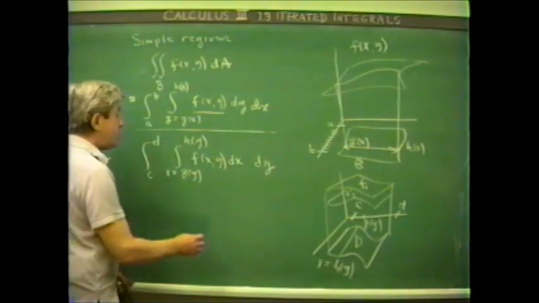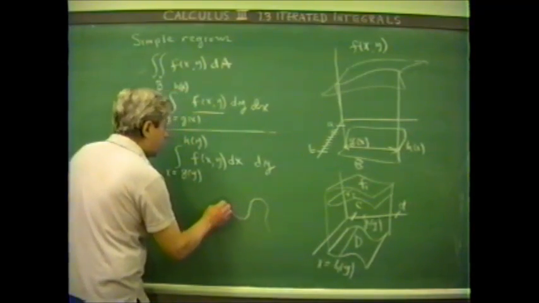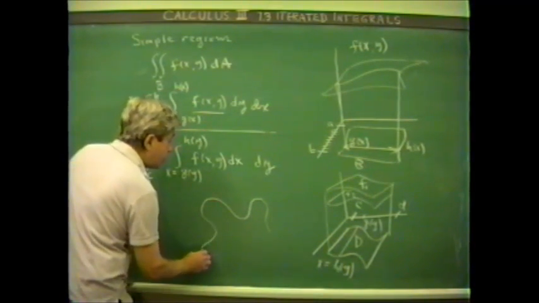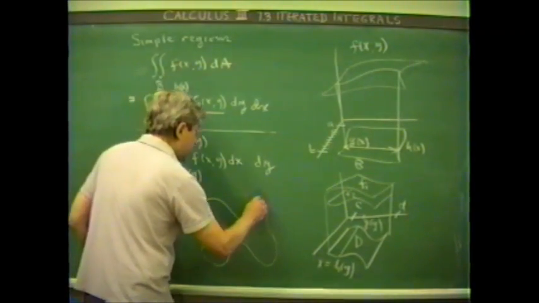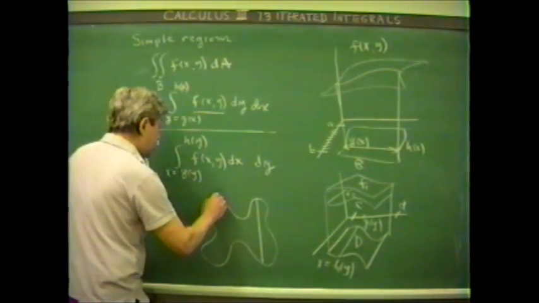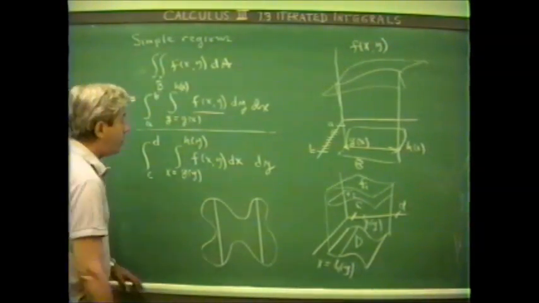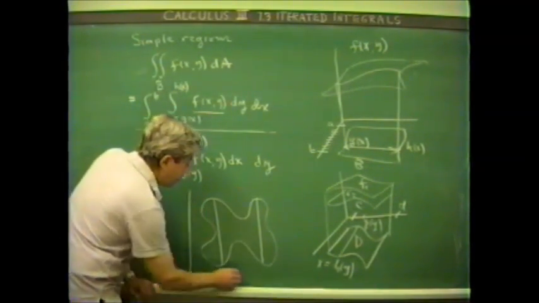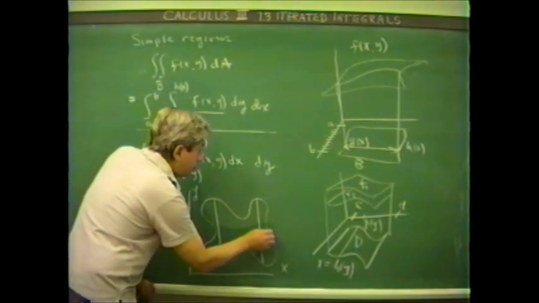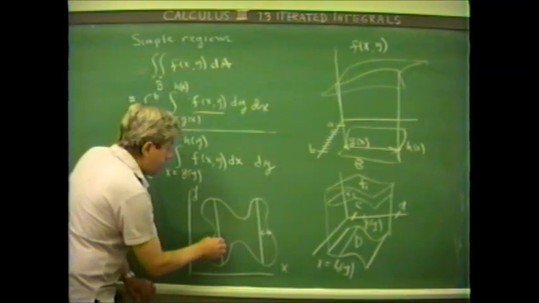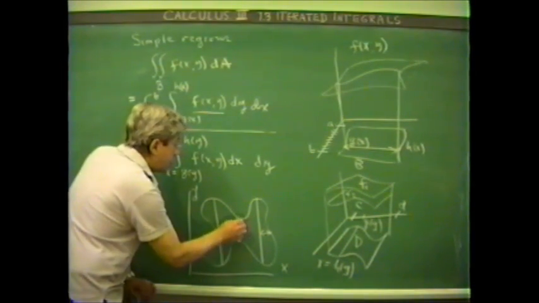If the region isn't simple, frequently you can break it up into regions which are. For example, here's a region which is not particularly simple, and what you can do with this is break it up into several regions, which presumably are simple. In particular, let's say this was in the xy plane, then this region right here would be simple in this direction, this one would be simple in this direction, and this one would be simple in this direction.